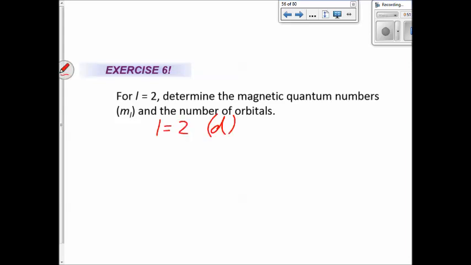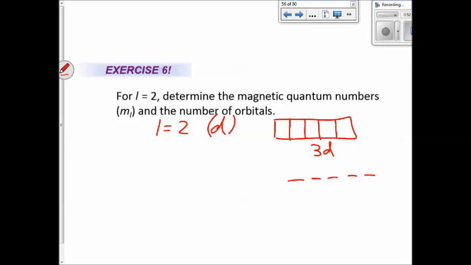So, number of orbitals. What's the possible number of orbitals in a D? How many orbitals does a D have? 5. 5 blanks. 5 boxes, right? So that could be like 3D or 5 lines.